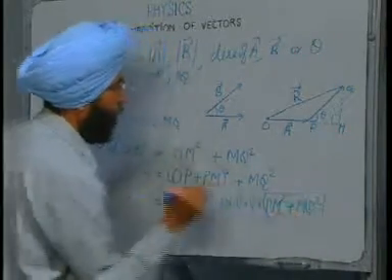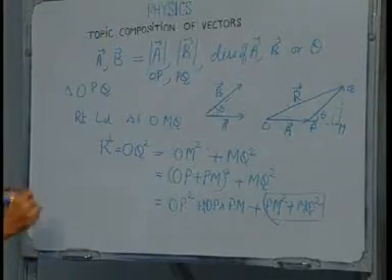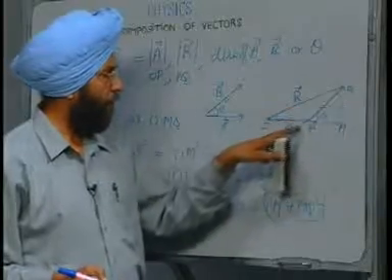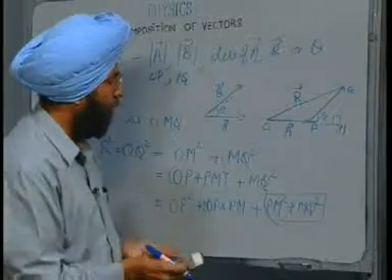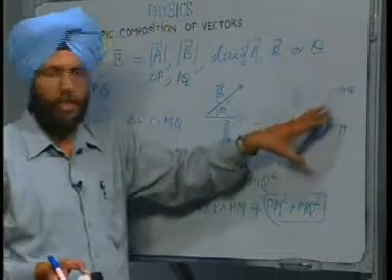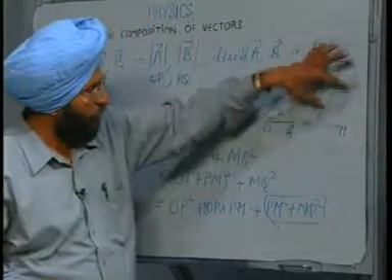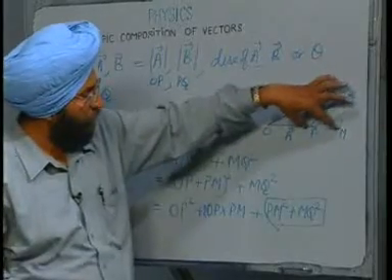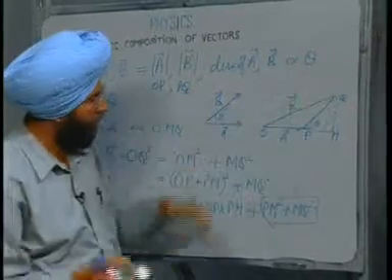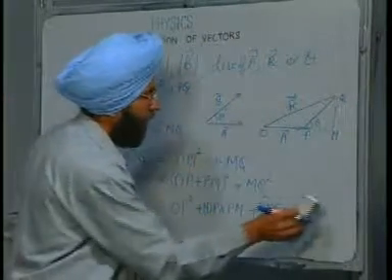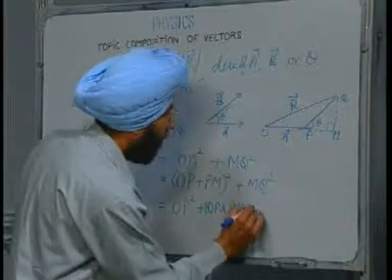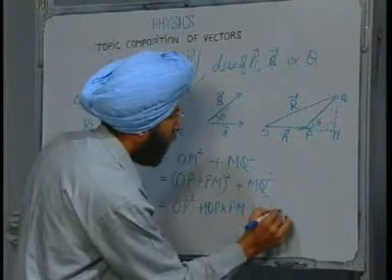Now, if we use the second right angle triangle PQM, in this triangle the sum of the squares of PM and QM is equal to the square of the third side, the hypotenuse, which we can write as PQ square.